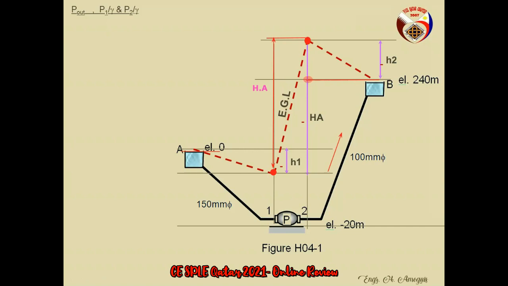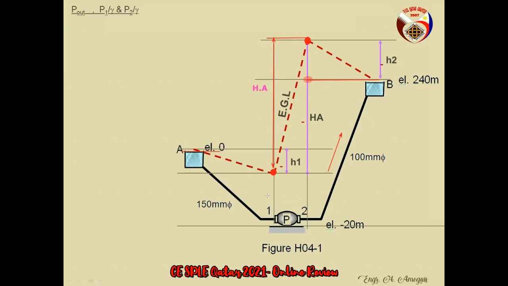Alright? So with this energy grid line, you can already build the equation. What is the first thing we are looking for? The power. If I get the head added HA, which is just a difference in elevation, the first question is done. Then the other question is the pressure head at 1 and at 2. The total energy, as discussed, is divided in two.